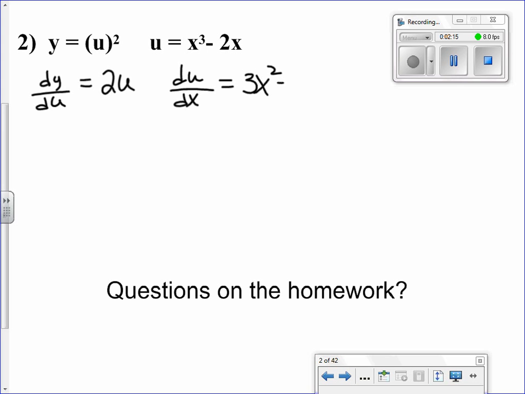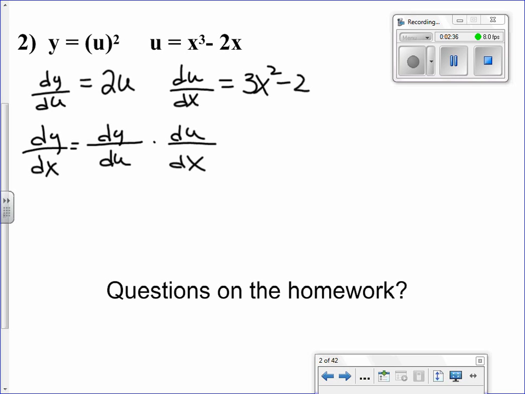3x squared minus 2. So she got each of the derivatives separately. When you multiply dy du by du dx, what do you get? If you want dy dx, you multiply dy du by du dx. So you multiplied them. You got 2u times 3x squared minus 2.